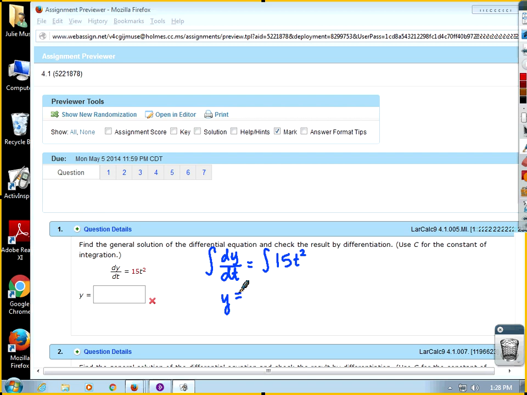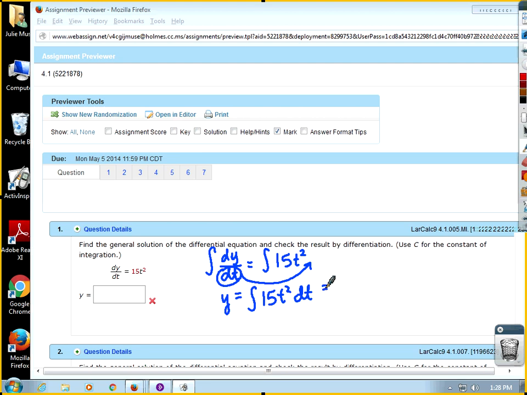And you can actually take this dt and multiply both sides by it, and it's going to move up here to the back. So we're integrating 15t squared dt. And that just tells you with what variable you're integrating with respect to. So we're taking the integral of 15t squared with respect to t.